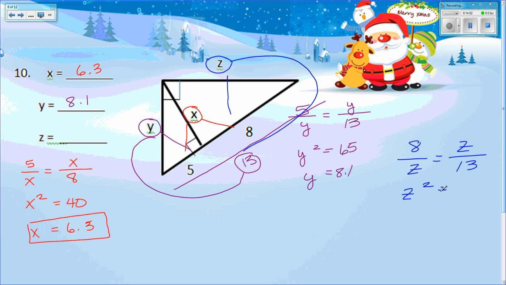Z squared is 8 times 13, which is 104. And then you take the square roots of both sides. So the square root of 104 is 10.2.